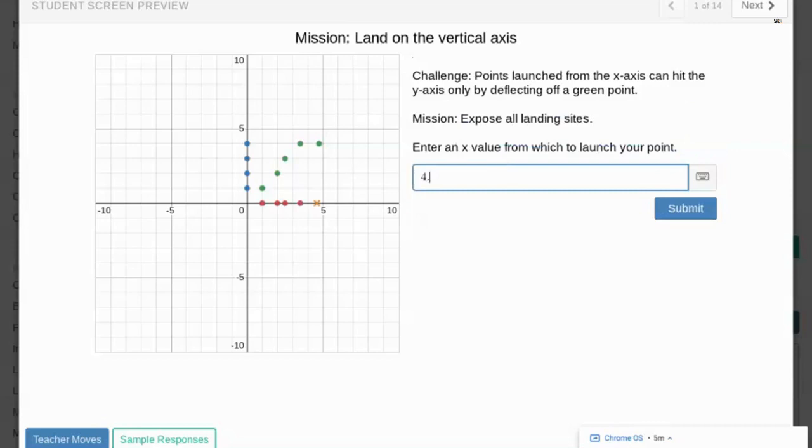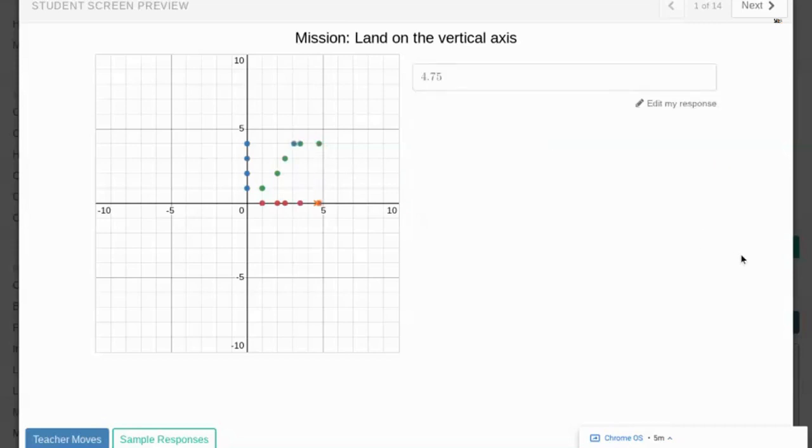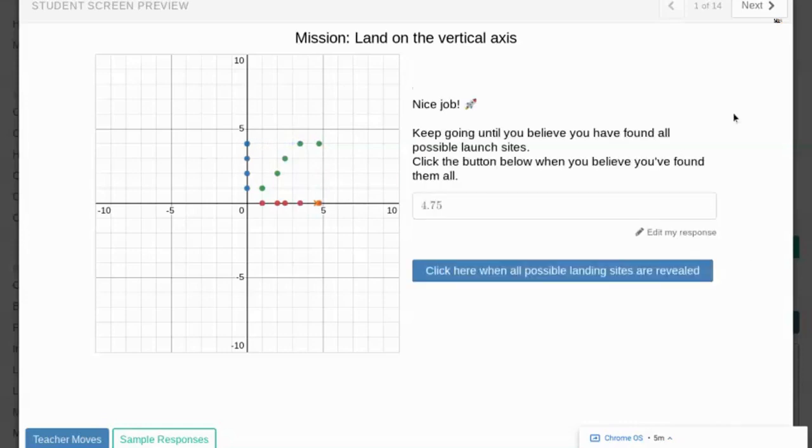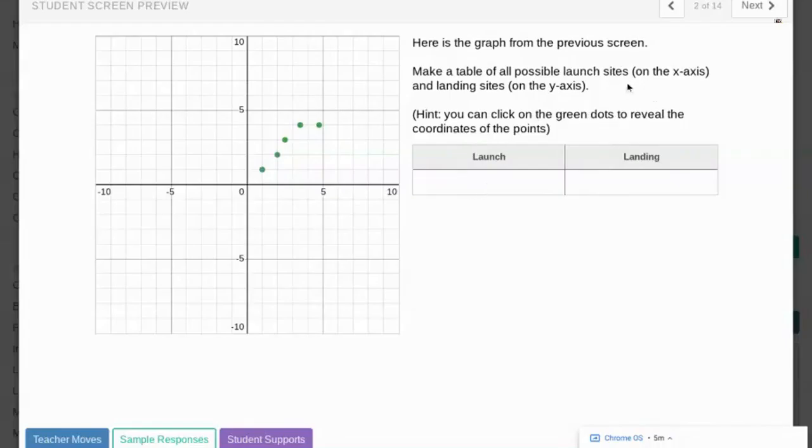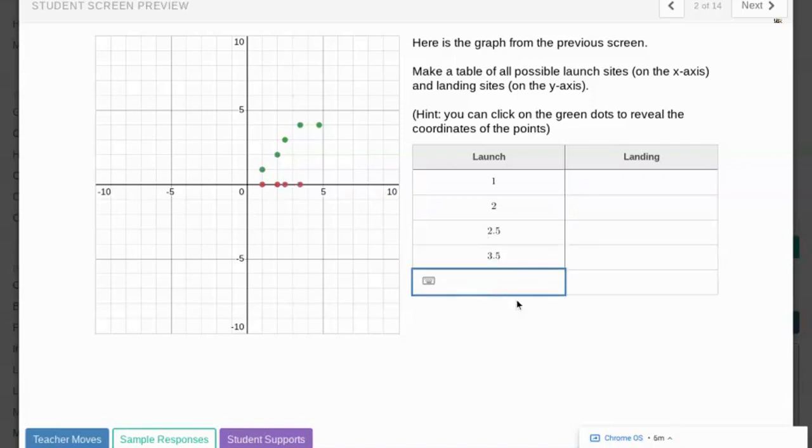So let's try that again with 4.75. And there we go. Let's make a table, all the possible launch sites. So we used 1, we used 2, we had 2.5. We had 3.5 and 4.75.